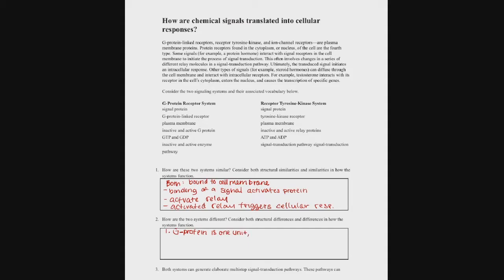And the tyrosine kinase receptor proteins are separate, but when they're activated by signal molecules, they aggregate and become active. It has 2 parts and is joined together when activated.